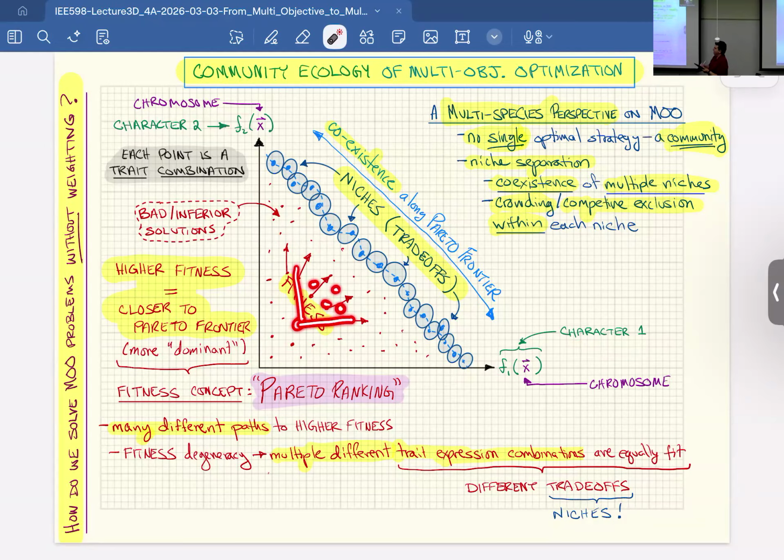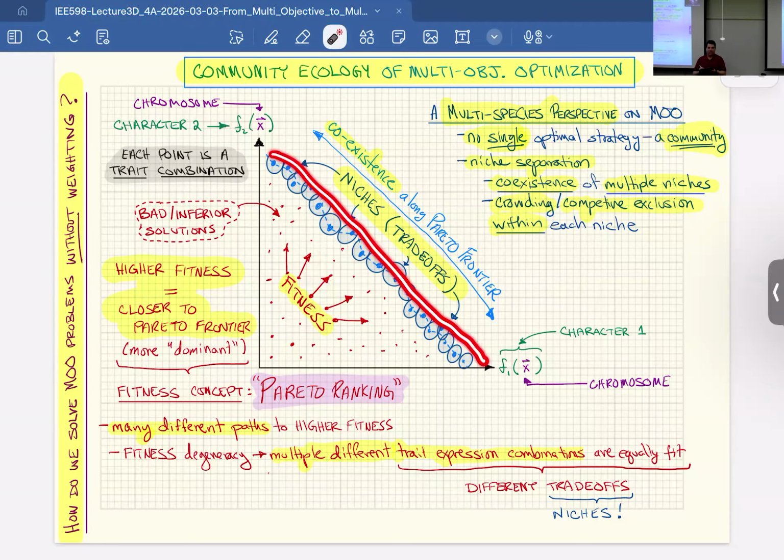If it finds some of those, then you will be crowded out fitness-wise. These will have higher fitness than you because they are objectively better than you, better in all possible ways. So this one will eventually go away over time, and then these will be selected for, but each one of those can be dominated by other trait combinations, and so on, until you hit the Pareto frontier.